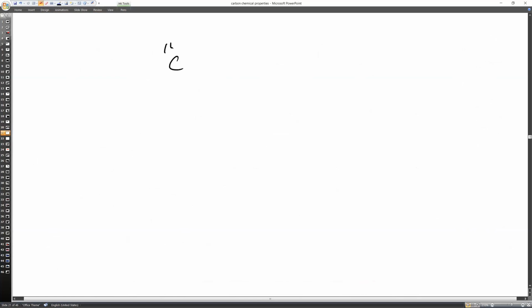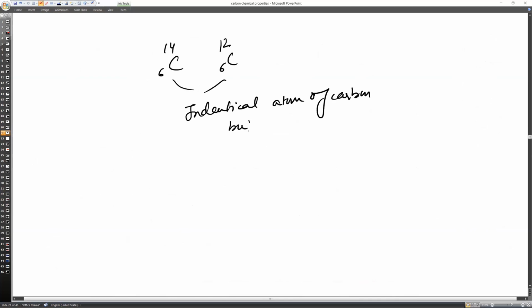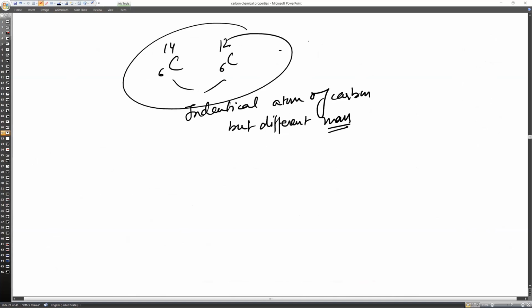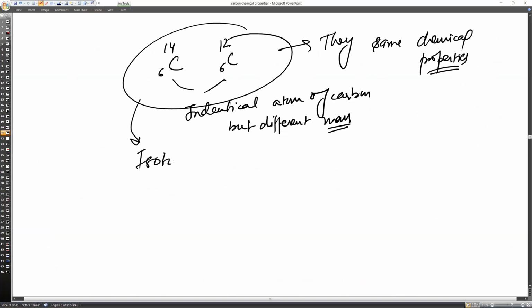No, if we have carbon-14 and carbon-12, they are identical atoms of carbon, but have different masses, and they have the same chemical properties. So in the case of isotopes, this Dalton postulate is incorrect.